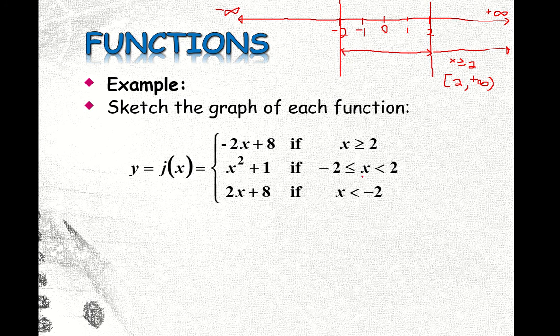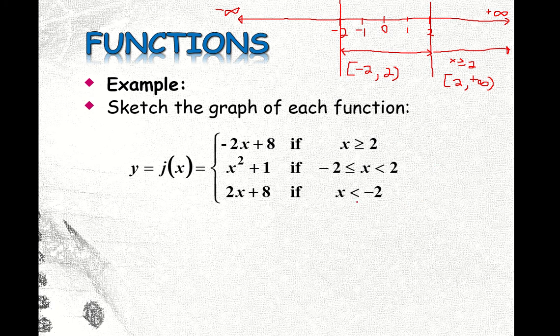You can write this as -2 is included, so you use this symbol, -2, and +2, but +2 is excluded, so you have to use this symbol. There's no equal sign here, so 2 is excluded. To represent that later on, that indicates a hollow.